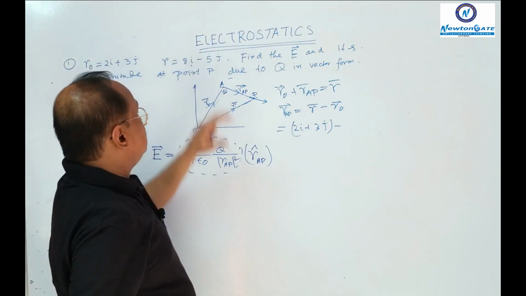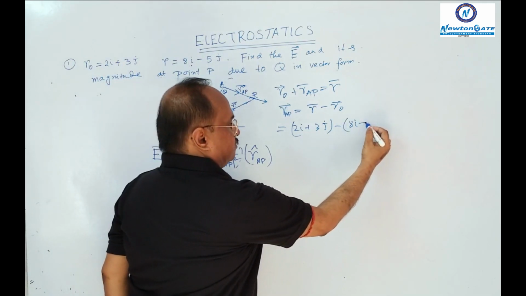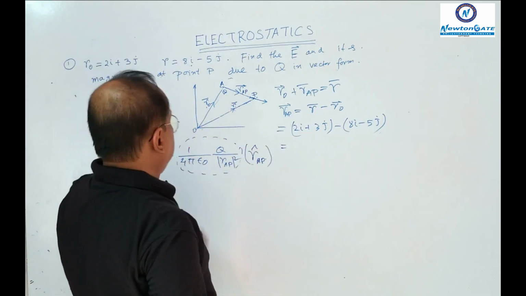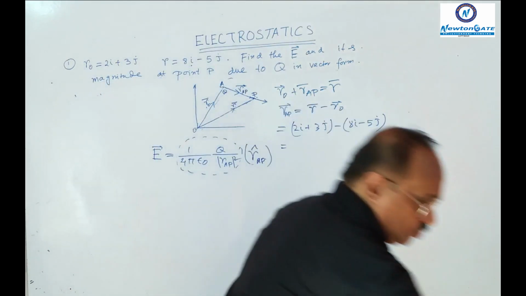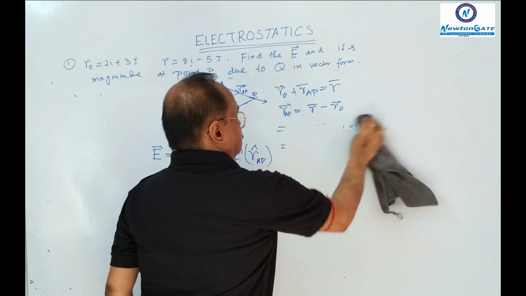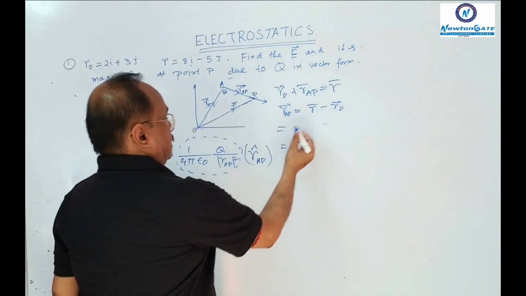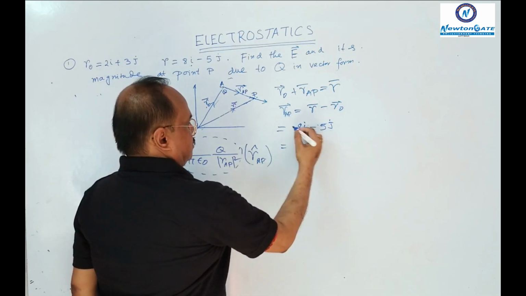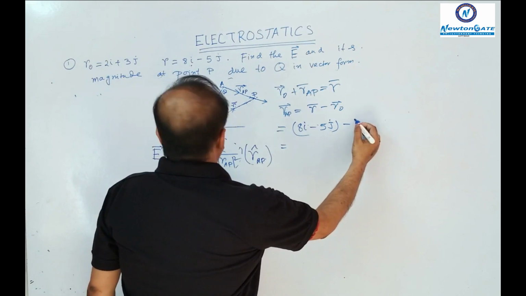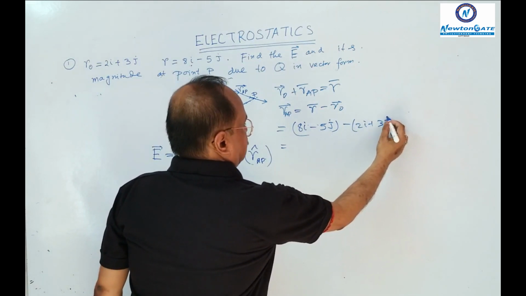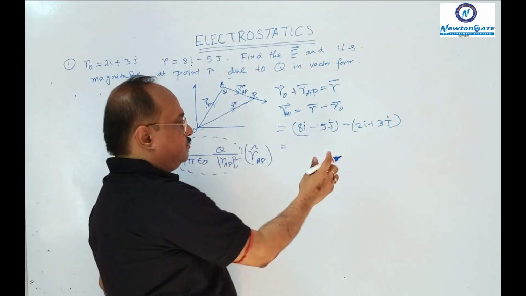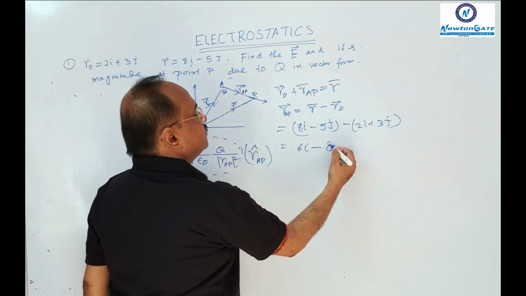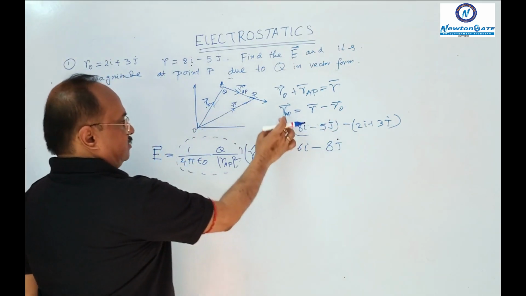I made a mistake, R minus R0. So one minute. R is equal to 8i minus 5j, minus R0, which is 2i plus 3j. That is 8i minus 2i is equal to 6i, and minus 5j minus 3j is equal to minus 8j. So this is a vector, that is RAP.